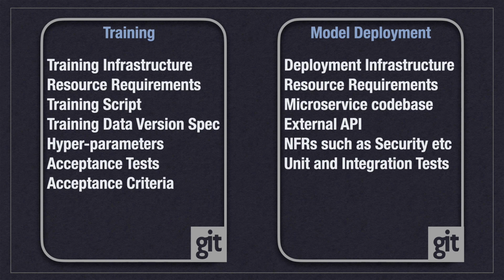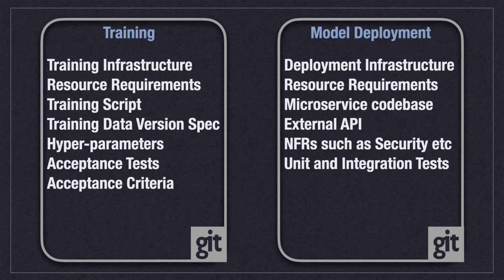It contains the training script itself, any specifications for the training and test data that you need to use to run that training, any hyperparameters, etc., that you need to be able to tune as part of the training process. And then it also includes the set of acceptance tests and pass-fail criteria for the model that's being trained.